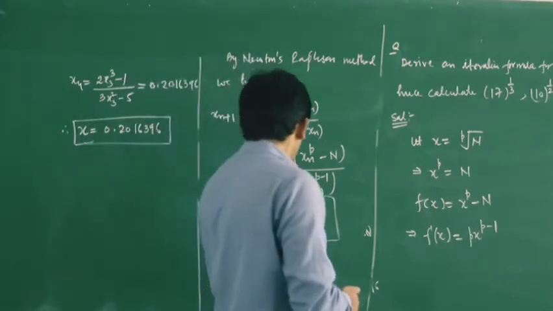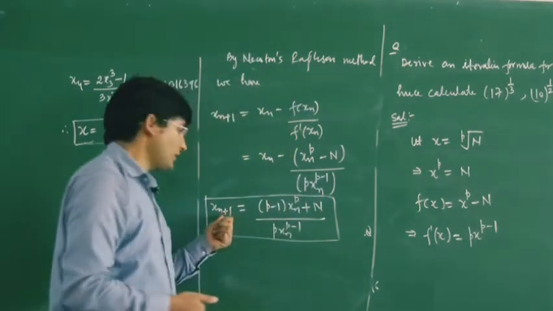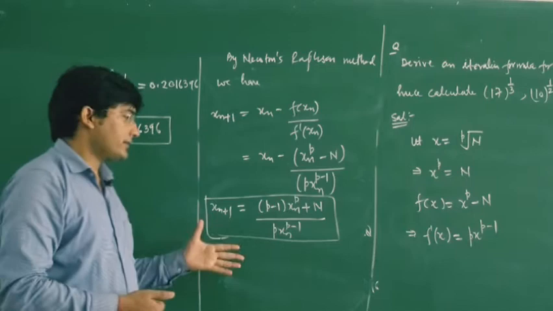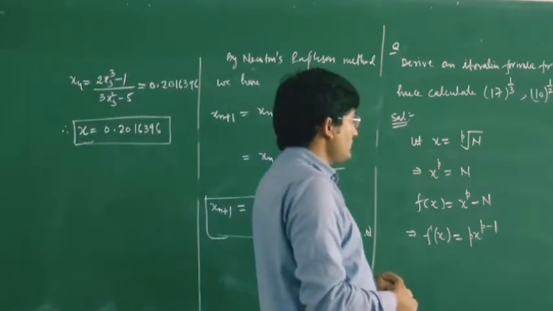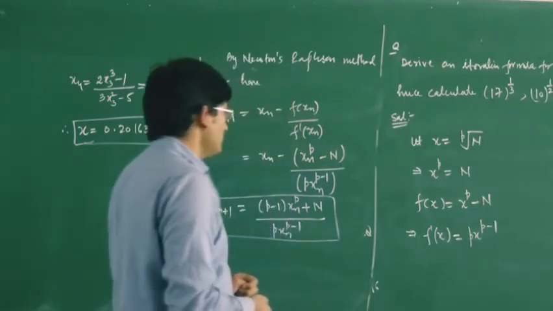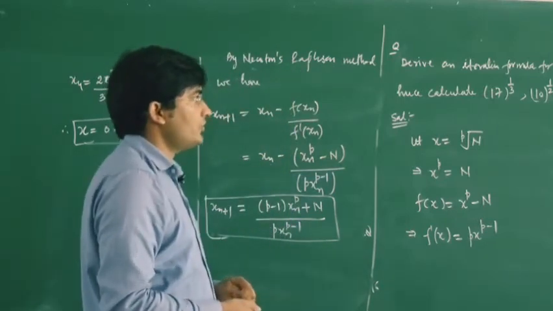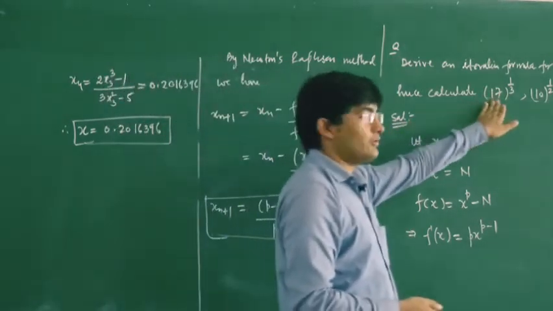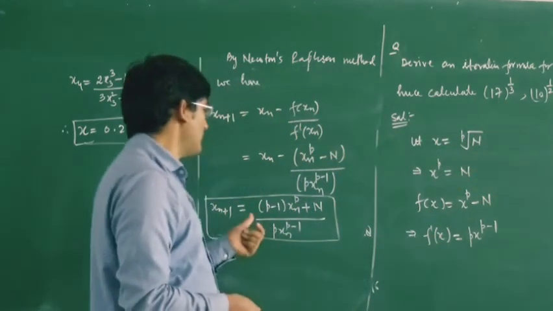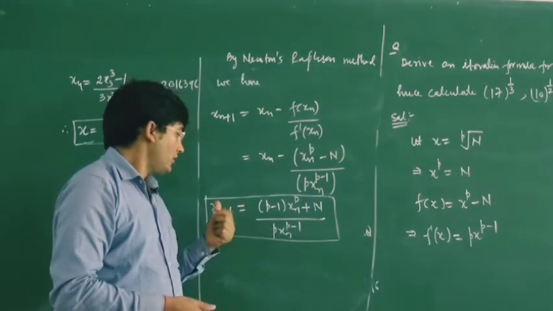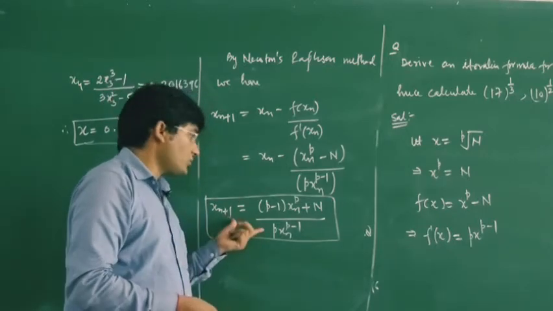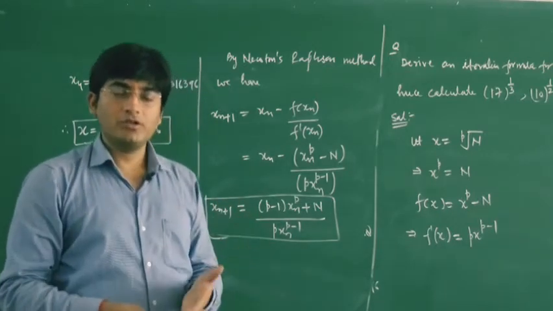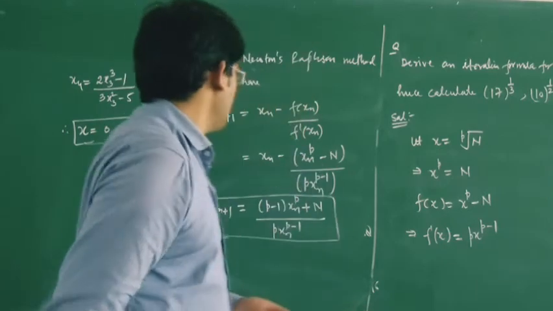Now we can put n equal to 0, 1, 2, 3, 4 and so on to get the values of the remaining iterations. Now in the first case we have to evaluate the cube root of 17. So that means we will put our p equal to 3 and n equal to 17. And with the help of this iteration formula, we can get the cube root of 17.